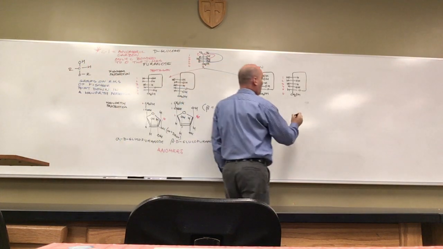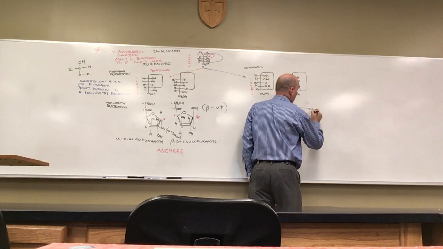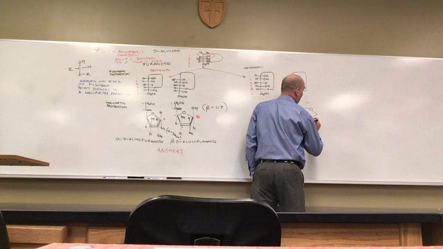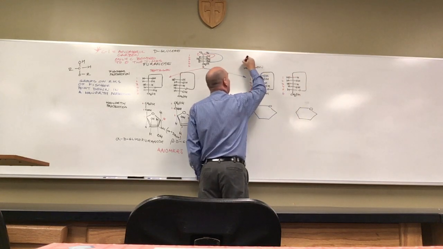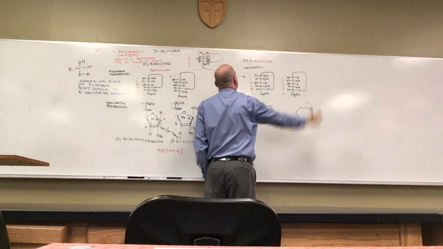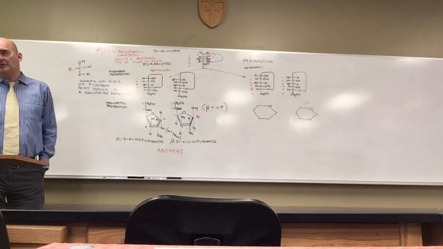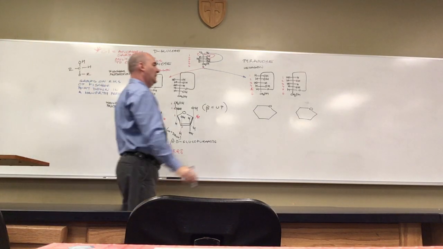These sit on the flat edge, and an oxygen in a 6-membered ring is a pyran. So the right-hand side of our sketch are the pyranoses, left hand are the furanoses.